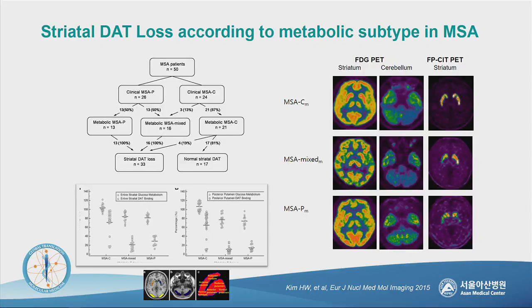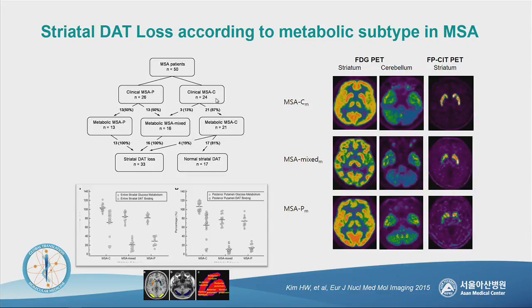We studied 50 MSA patients. Among these, clinical MSA-P was 26 patients, and clinical MSA-C 24 patients. MSA-P patients showed metabolic MSA-P, meaning striatal FDG uptake abnormality, and metabolic MSA mixed, with both striatal and cerebellar abnormal FDG uptake, and these patients show striatal dopaminergic neuronal loss.